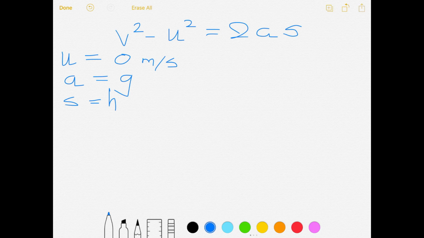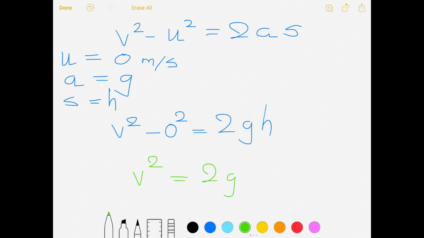Okay, so modifying the equation, it will look like this: v square minus 0 squared is equal to 2gh. Now 0 squared is 0, right? So the next step and the final step of the equation will look like this: v square is equal to 2gh. So by a few modifications, the second equation can be written like this.